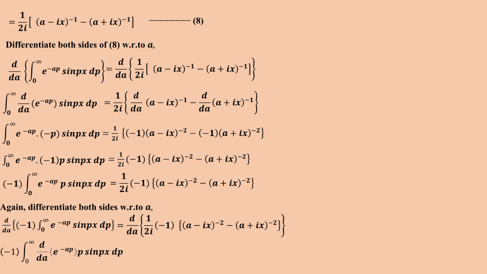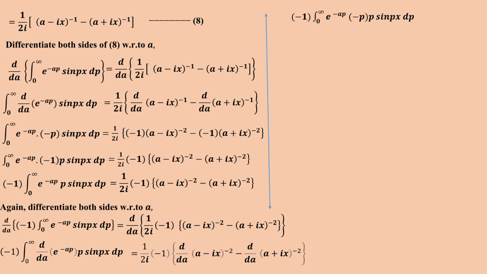So again we are taking the differentiation inside the integral. So minus 1 integral 0 to infinity d by da of e power minus ap p into sin px dp, which is equal to 1 by 2i minus 1 into d by da of the first term (a minus ix) power minus 2, minus the second term d by da of (a plus ix) power minus 2.